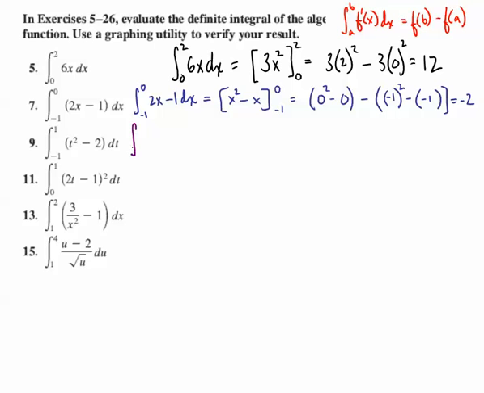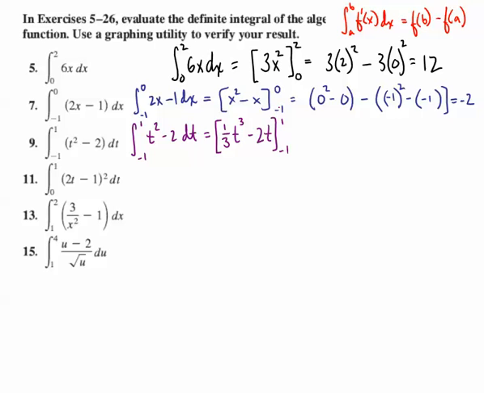We want the integral from -1 to +1 of t squared minus 2 dt. And so the antiderivative of t squared is t to the third over 3. Again, I'm putting this in brackets: 1/3 of t cubed minus 2t, and we want this from -1 to +1.